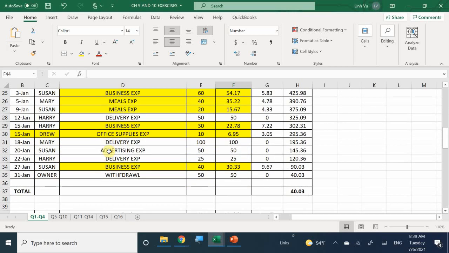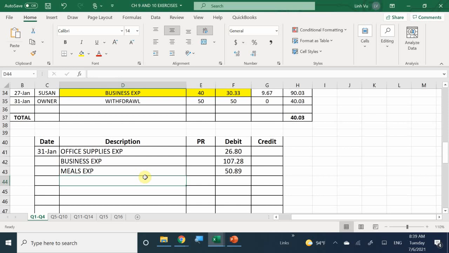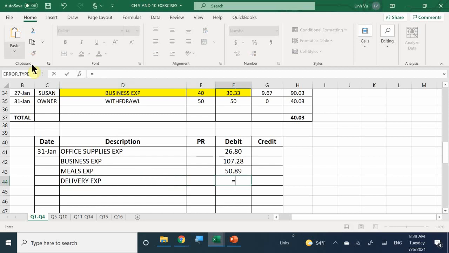Now, what's the next expense that we see here? You got delivery expense, 1, 2, 3. Okay, so we have delivery expenses 1, 2, and 3. So let's go ahead and add up all 3 numbers here.